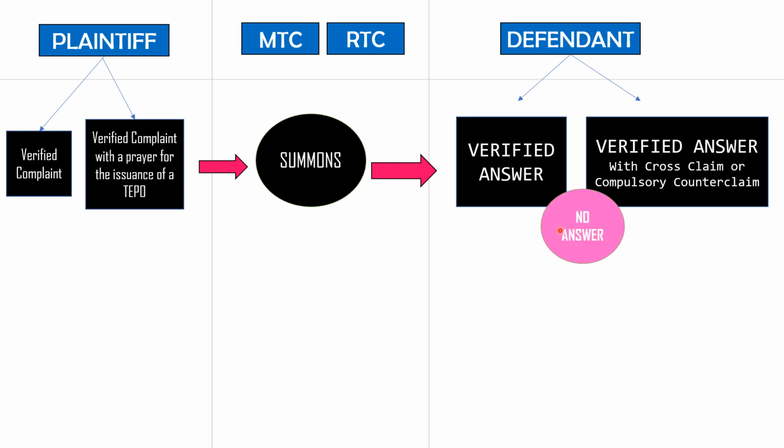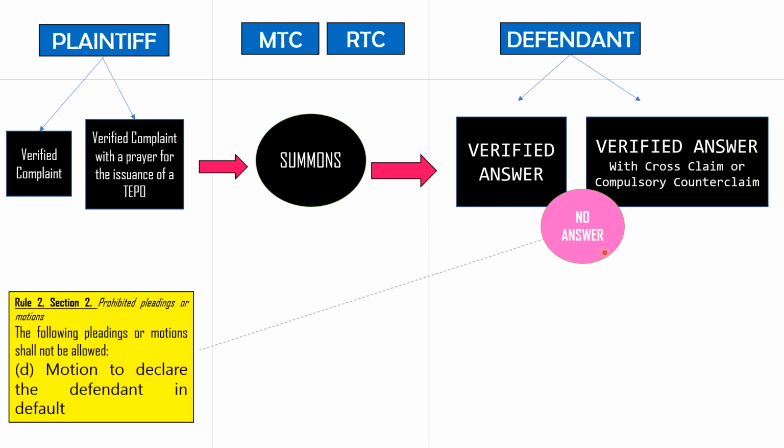So how about in instances wherein the defendant did not file an answer? Can you plaintiff file a motion to declare the defendant in default? Answer is no. You are not allowed to file a motion to declare the defendant in default. That is a prohibited motion. So ano ngayon ang gagawin mo, plaintiff? Since hindi ka pala pwedeng mag-file ng motion na yan, huwag kang mangamba, huwag kang mag-alala.